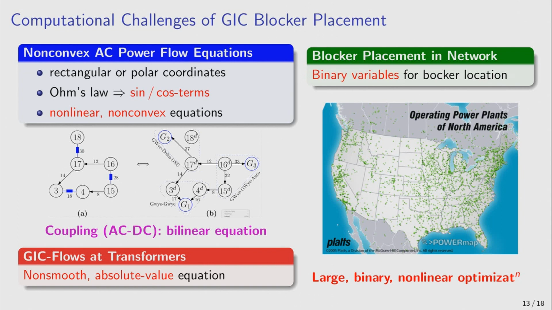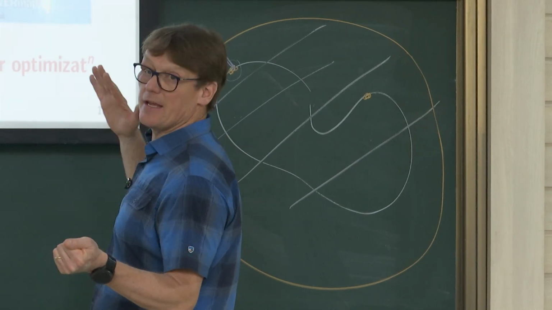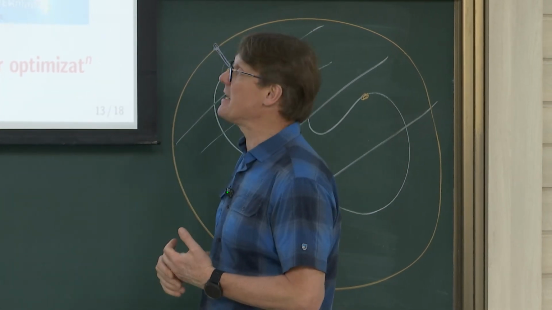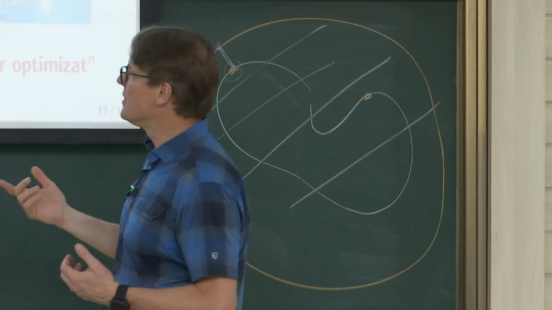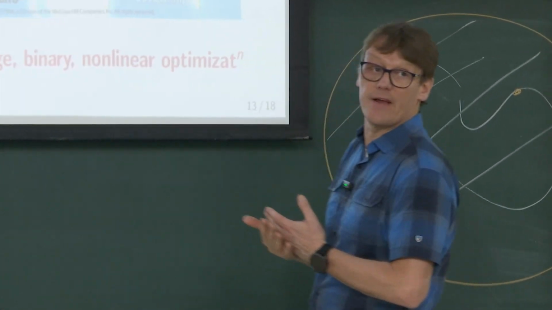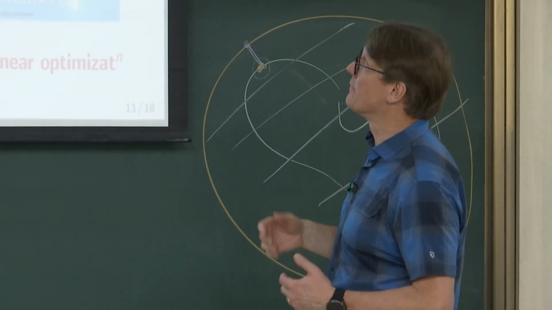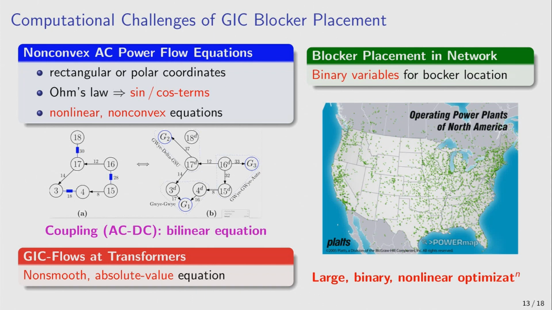First of all, you need to combine AC and DC power flow equations. You model the traditional power grid with AC equations, and then you model the induced current from the GIC, the geomagnetic induced current, using a DC power flow because it doesn't change much over large spaces. So you have the traditional challenges of non-convexity, and a large scale.